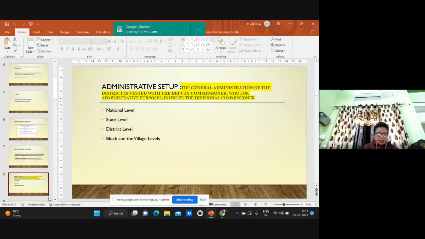Some changes were introduced at district level. The fourth five year plan, that was 1969 to 74, when the Small Farmer Development Agencies and Marginal Farmers and Agricultural Labourers Development Agencies were set up upon the recommendation of the All India Rural Credit Review Committee.